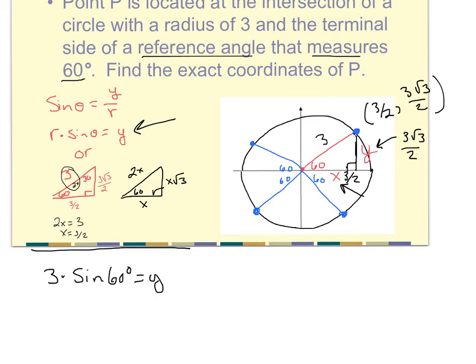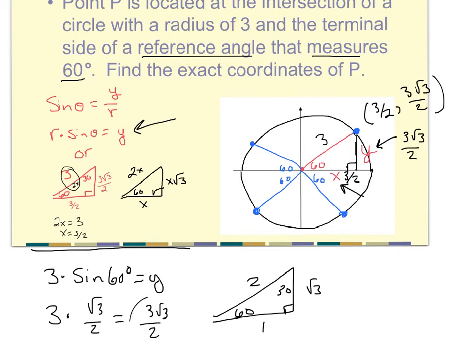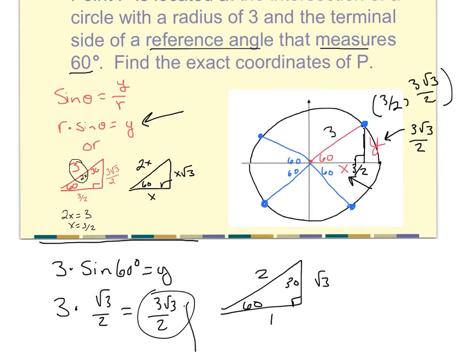So if I use this method that I have down here, I'm saying, okay, I got a 30, 60, 90, and I know that this is 2, this is root 3, and this is 1, and this might be easier for some of you, so I just take 3 times the sine of that triangle, and I'd get 3 root 3 over 2. I get the same exact answer. Okay, so that would be the other method to find it.